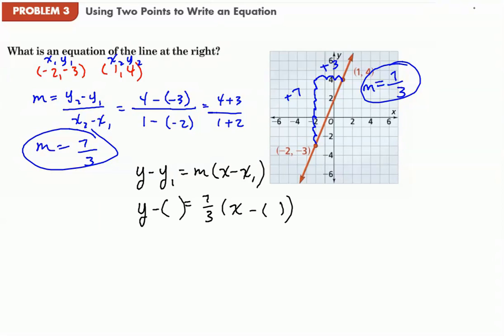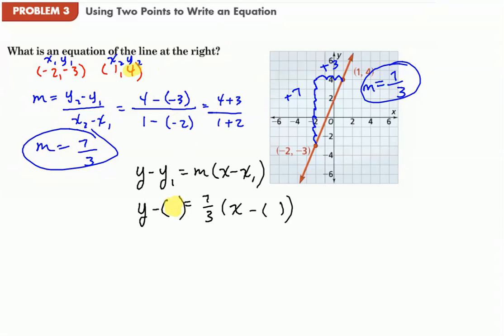So now we will use either of the 2 points to get our equation. We have 2 points: -2, -3, and 1, 4. It doesn't matter which one you use, so I'll start with the positive ones. If I use 1 and 4, I can plug that in. Our y value here, I'll highlight that for you, our value of 4, I would plug in right here.